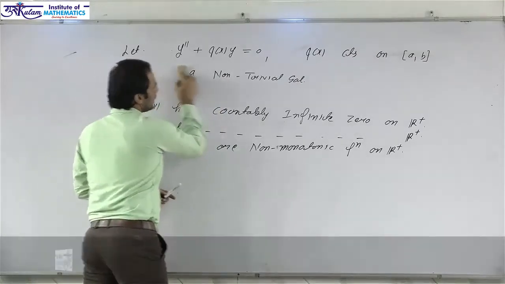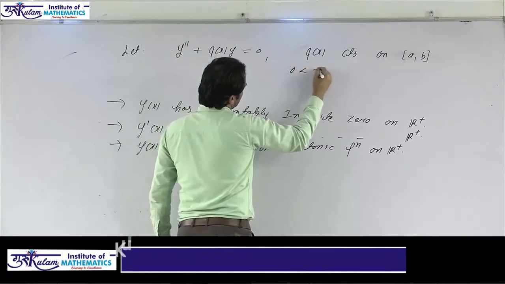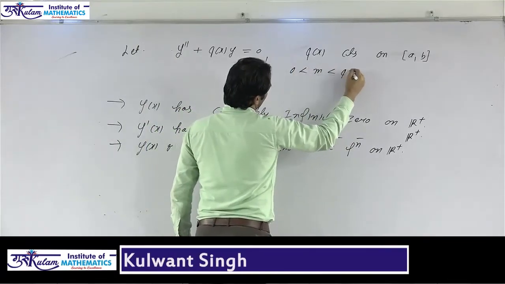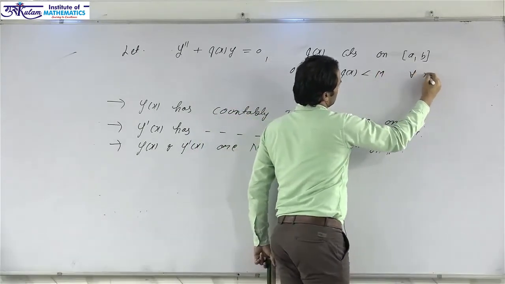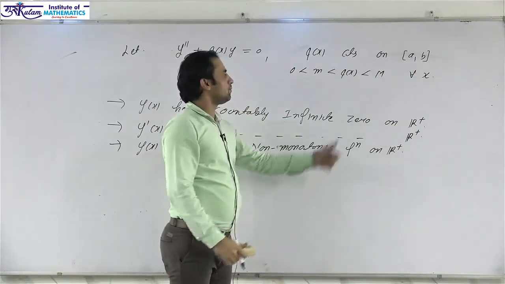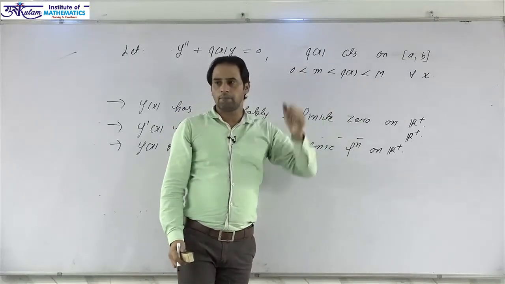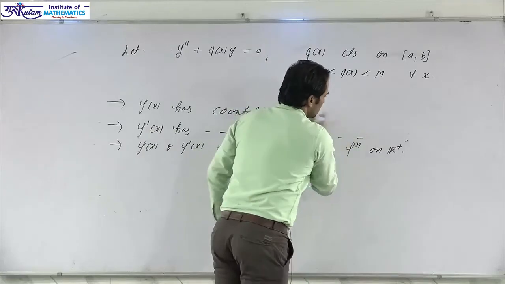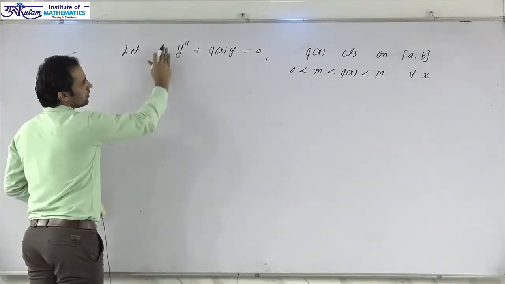So from this we can assume that 0 < m < q(x) < M for all x. Assuming that q(x) is positive, small m is the lower bound and capital M is the upper bound, then there are some properties of non-trivial solutions of this differential equation.